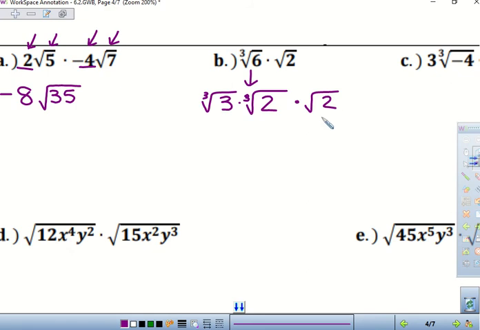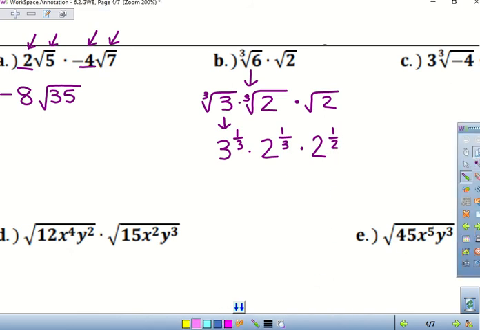Okay. Now from here, I'm going to try to convert these into fractional exponents. So what would this be as a fractional exponent? 1/3. This one would be 1/3, and the last one would be 1/2. Now here's the reason I did that. These now have the same base, these two, right? And when two things multiplied together have the same base, what can I do with their exponents?